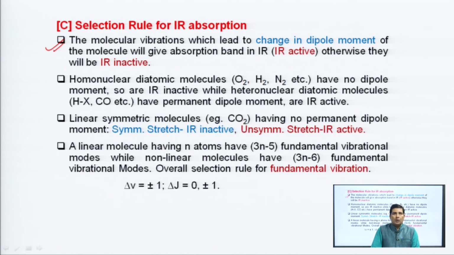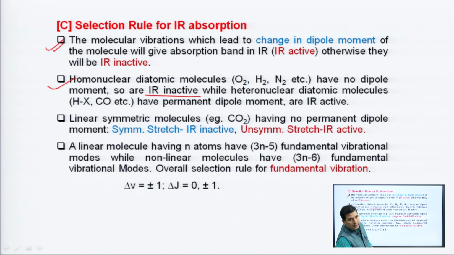Now, which type of molecular vibrations will lead to change in dipole moment? Suppose the molecule is polar, meaning it itself has a dipole moment, then it will show an absorption band in the IR region. That is why in the second point we have mentioned that homonuclear diatomic molecules like O2, H2, N2 etc. have no dipole moment, so they will be IR inactive.